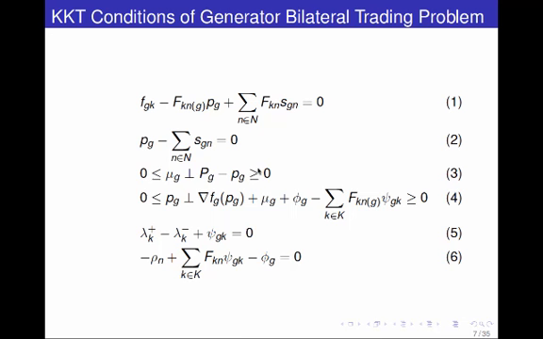Some differences to note from the KKT conditions of the full optimal power flow problem are the following. This phi dual variable is only one in the full OPF problem.